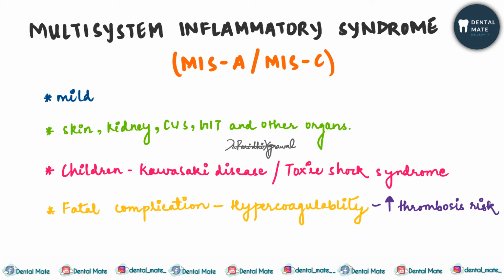Basically what happens is the blood vessels present the ACE2 receptors, because of which the virus gains entry into the endothelial cells. It damages the endothelium, and then the endothelium releases procoagulants that lead to coagulation and thrombosis. So there is increased risk of thrombosis, both venous and arterial, with increased susceptibility in the veins.